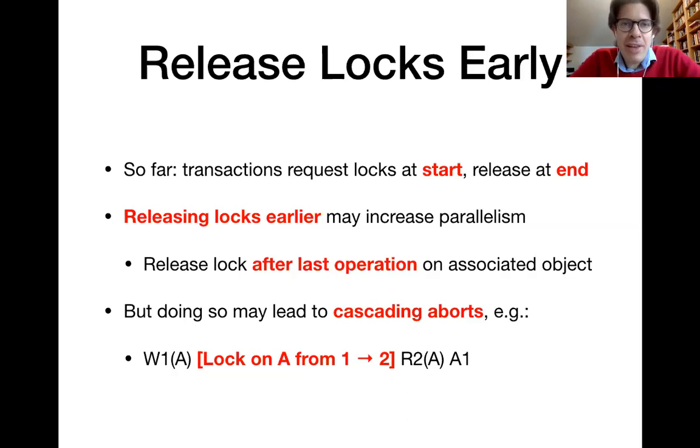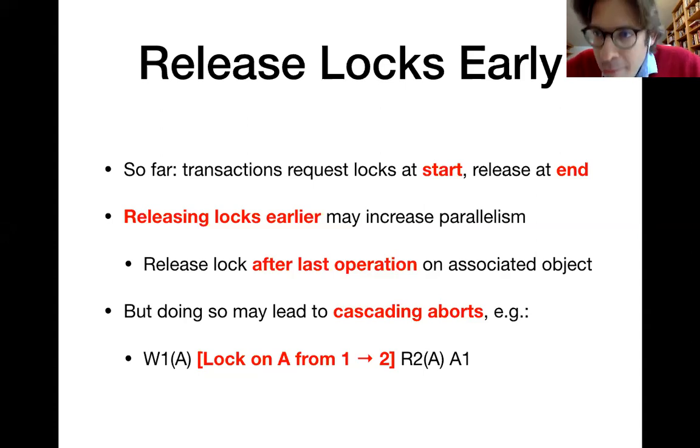Now, sometimes it might not be necessary to hold a lock on an object until the very end of execution. If a transaction is done working on an object, it seems reasonable that it already gives back the lock on that object so that another transaction can start working on that object before the first transaction is finished. Now, this refinement can be a good idea, but it doesn't have to be.